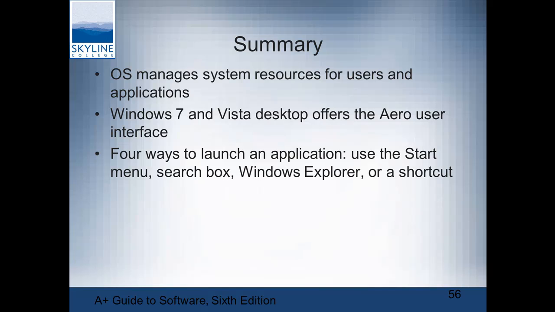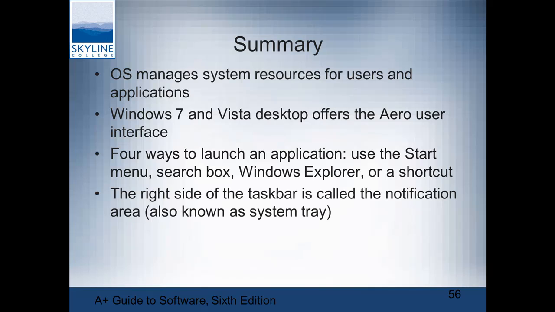Four ways to launch the application: start menu, search box, Windows Explorer, or a shortcut. Different ways to do those things. The Windows 7 search capability is really pretty phenomenal. It's really very quick, as long as you have indexing turned on. If you turn off indexing, it gets really slow. Right side of the taskbar is called the notification area.